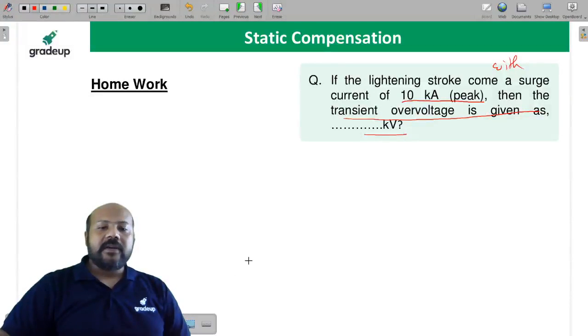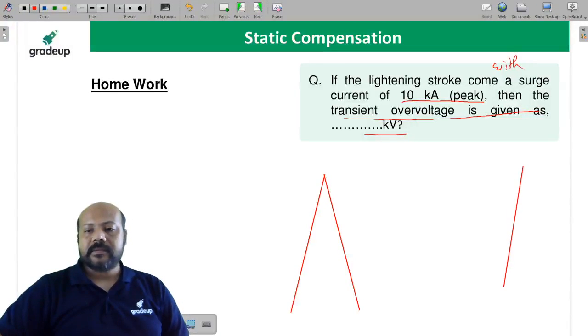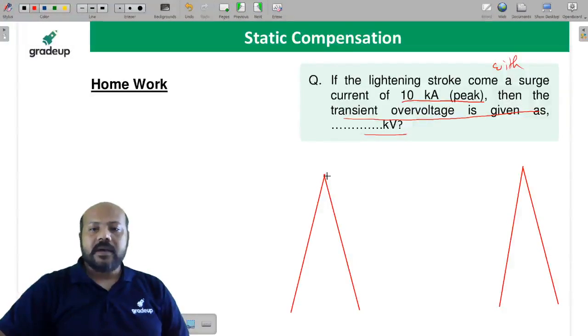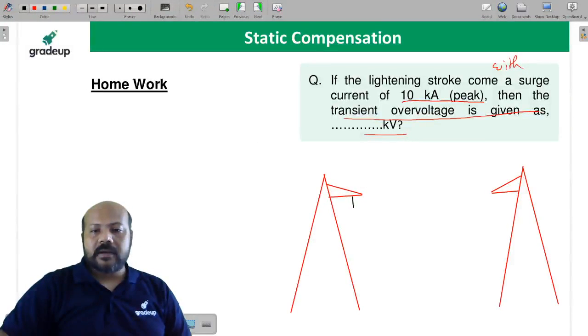Now suppose this is the situation. This is your transmission tower, and suppose this is the cross arm, and this is your insulator and this is your live conductor.